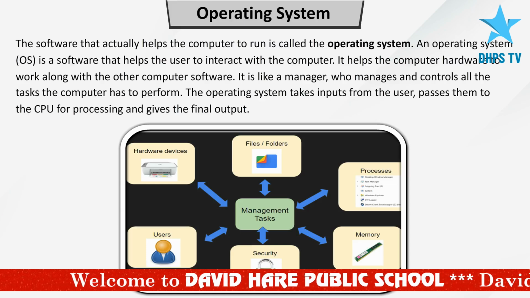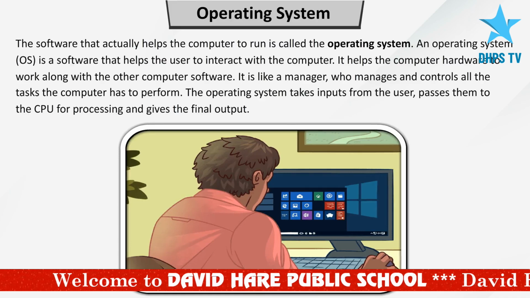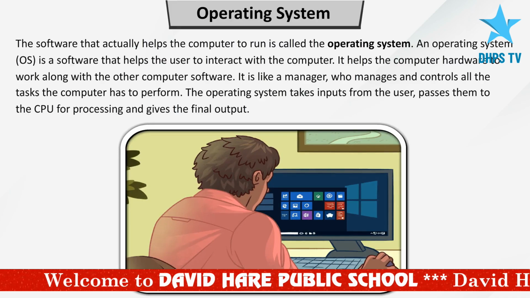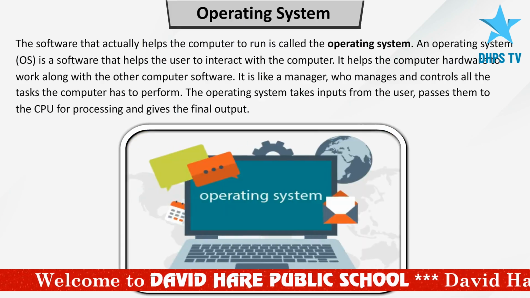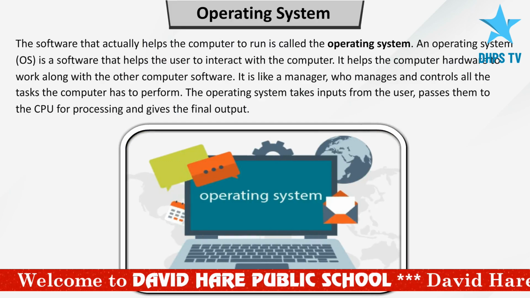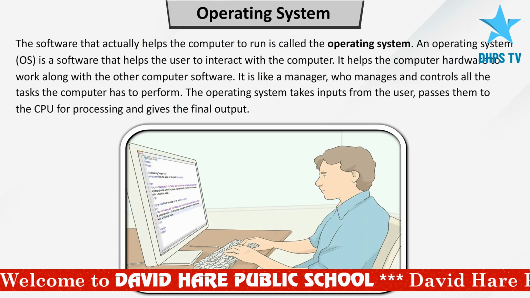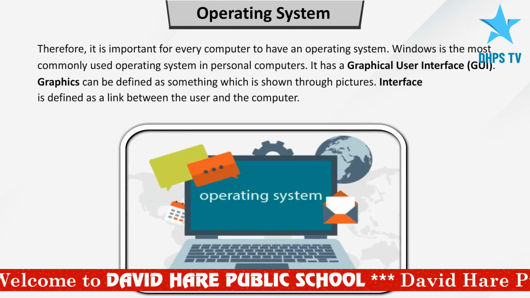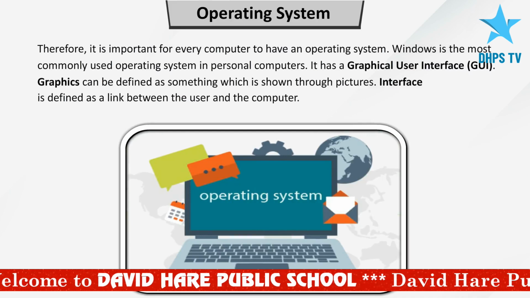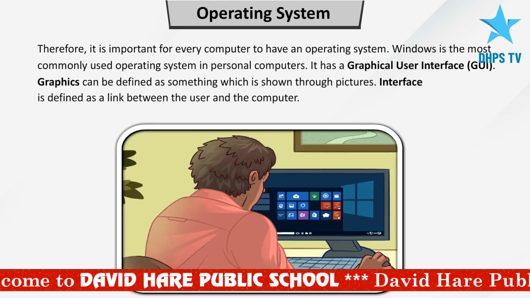It is like a manager who manages and controls all the tasks the computer has to perform. The operating system takes inputs from the user, passes them to the CPU for processing, and gives the final output. Therefore, it is important for every computer to have an operating system.